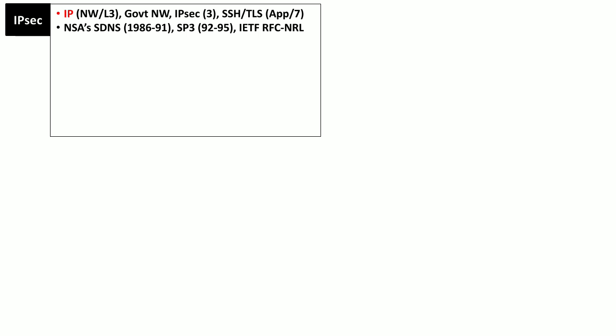Then in 1995, the Internet Engineering Task Force standardized these protocols and published an RFC, which was the implementation of the Naval Research Laboratory of the United States. So the first implementation of IPsec was from the Naval Research Laboratory in 1995.